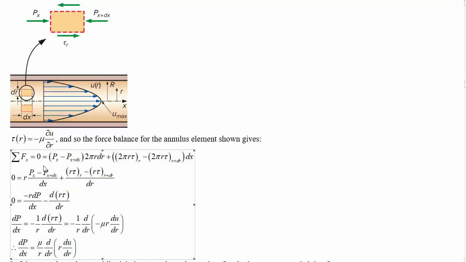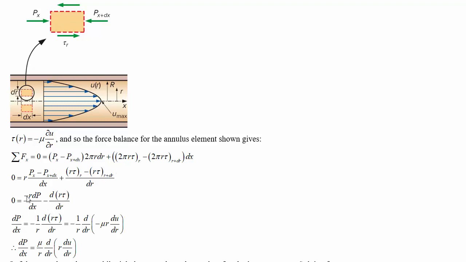Next up, what we're going to do is rewrite px minus px plus dx as just the negative change in pressure as we go from the start point to the next point, and substituting in for r and r plus dr would similarly just give us the change in this r tau from the inner part to the outer part. So let's just write that as negative d r tau on the top.